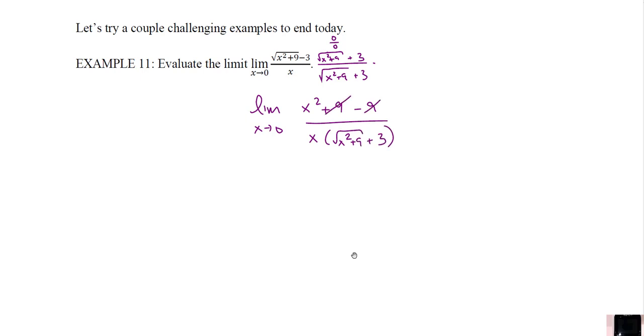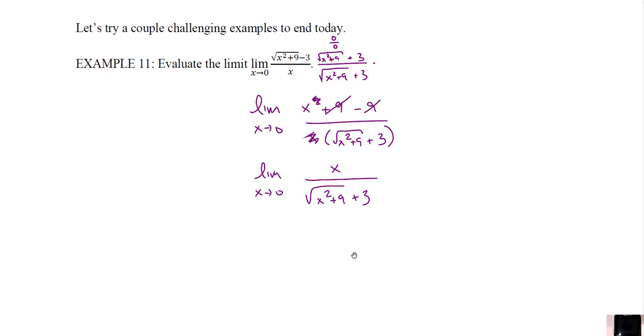The 9 and 9 cancel. Once those are canceled, one of the copies of x will cancel, leaving me with the limit as x approaches 0 of x over radical x squared plus 9 plus 3.